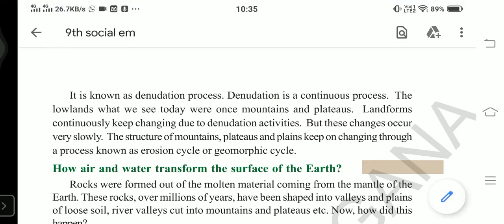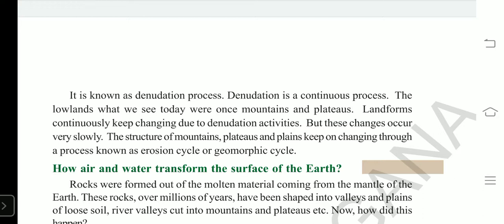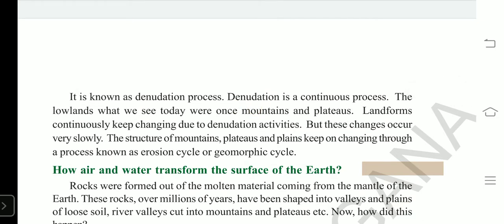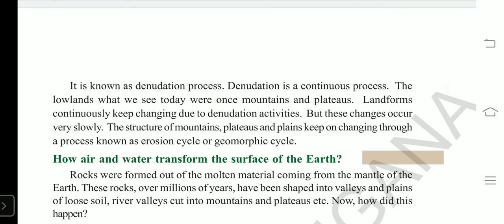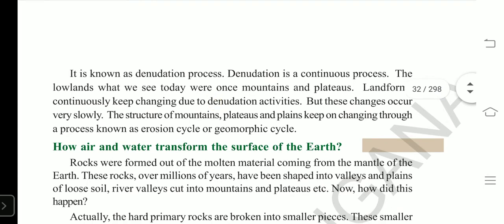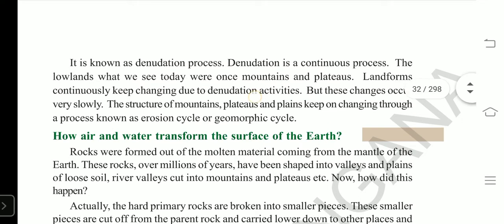Then when these are youngest, definitely there would be oldest. Then what are the oldest folded mountains? Those are the Aravali mountains, which are in Rajasthan, the western part of India. Okay, the Thar desert is there, right? So once Aravali mountains were of very great height, but their height has been changed by the denudation process, understand.